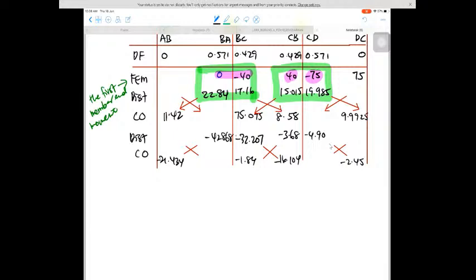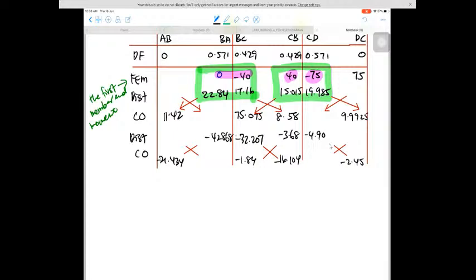Distribution, carry over one step, another one step. We distribute until the last distribution reaches 0 value. Then we may stop. The next one after distribution is again carry over.